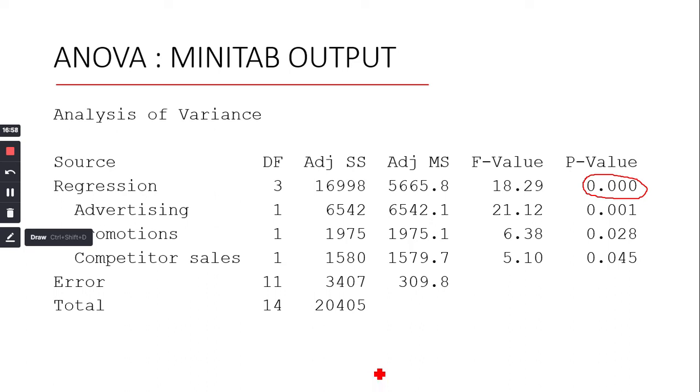Or alternatively, you can compare the F cal, which is this value, with the F critical. In this case, our F critical, if you are doing the test at 0.05, will be F at 0.05. The numerator degrees of freedom will be 3, and the denominator will be 11.